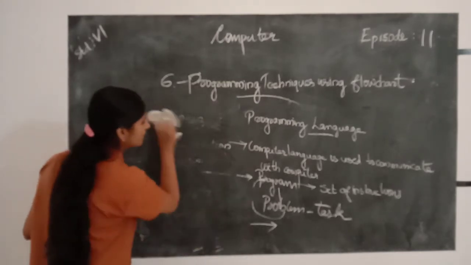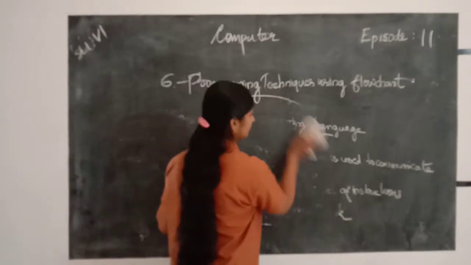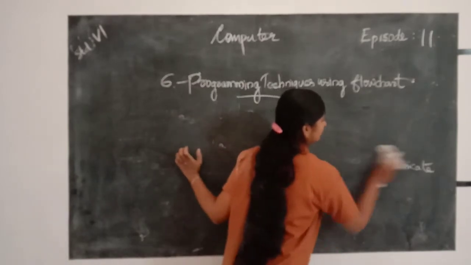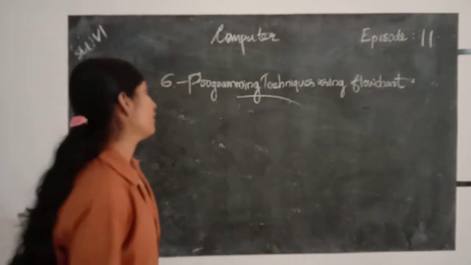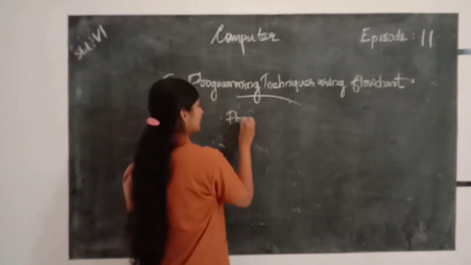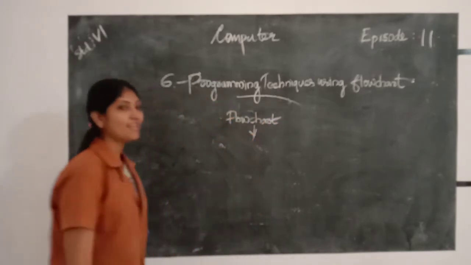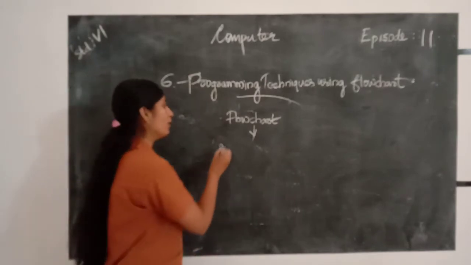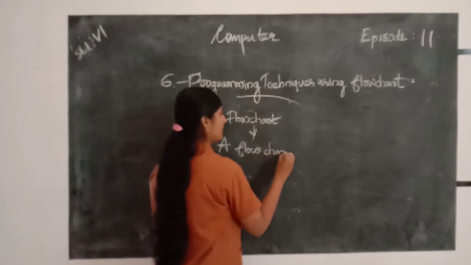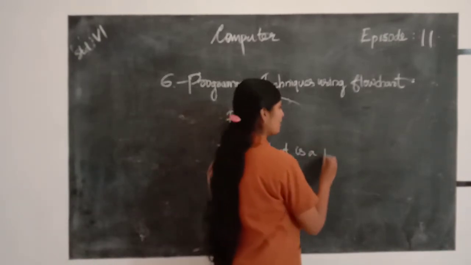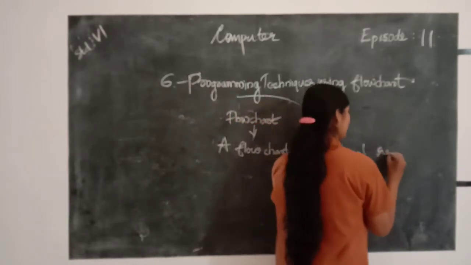So once again, what is a flowchart? A flowchart is a pictorial representation of instructions.